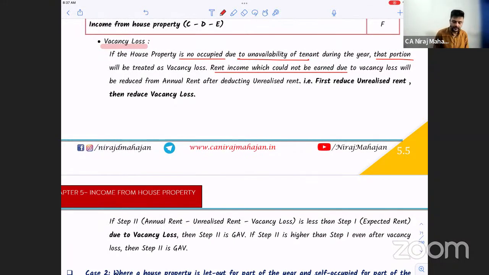So rent income which could not be earned due to vacancy loss will be reduced from annual rent after deducting unrealized rent. That means first reduce unrealized rent. Remember the unrealized rent rule. And then we reduce vacancy loss.